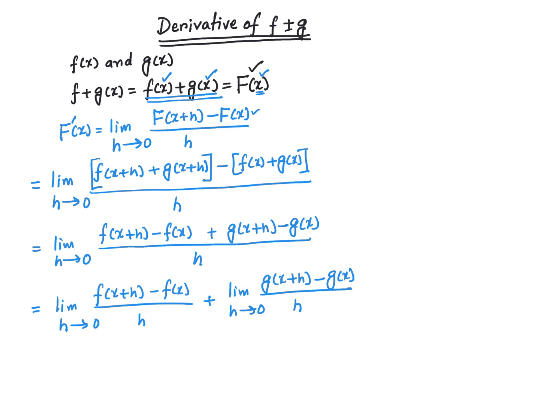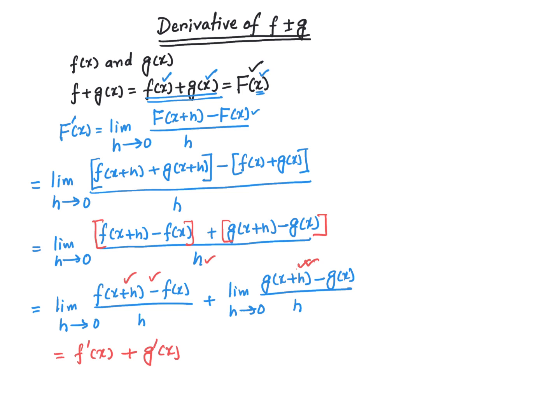Now, if I break it down into two pieces, which I can, because the limit of the sum is the sum of the limits, so I'm going to distribute this h to this portion and this portion. Then I get this limit on the left, and on the right this limit. This, by the way, is nothing but f prime of x, this one, and this is nothing but g prime of x.